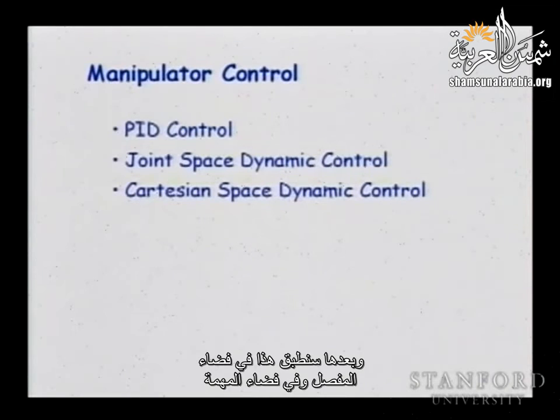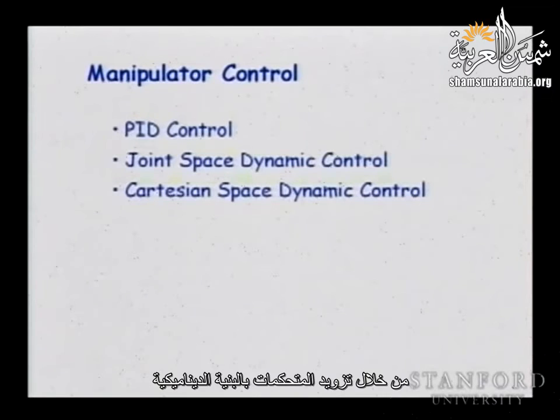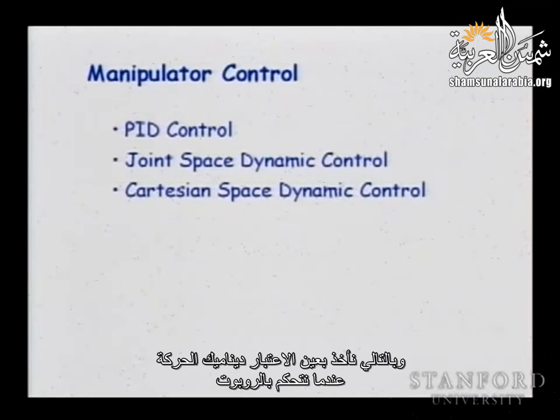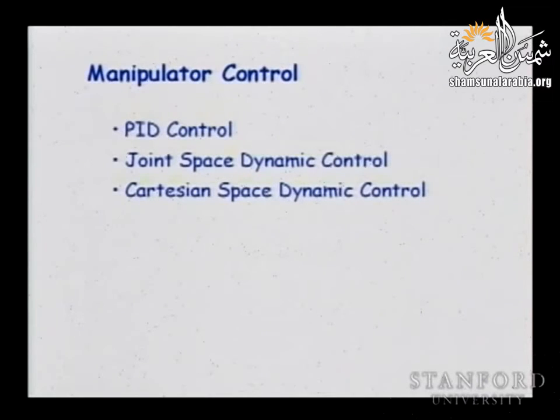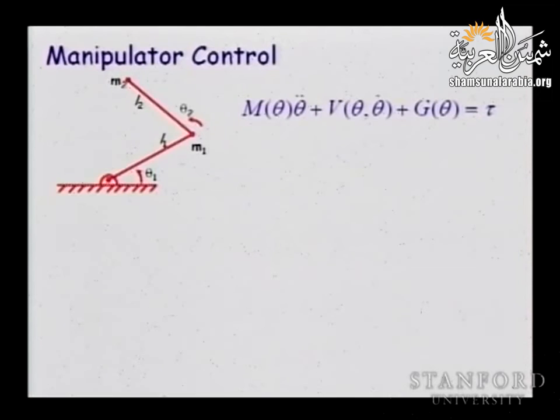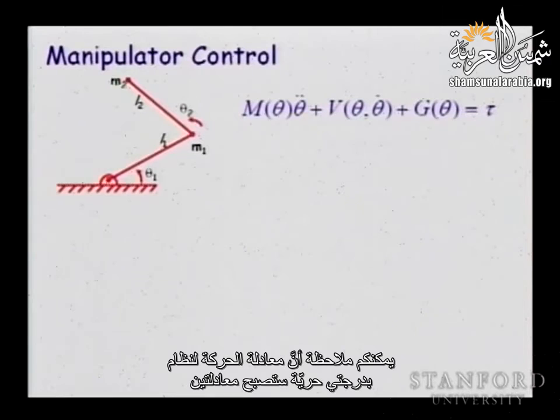Then we apply these in joint space and in task space by augmenting the controllers with the dynamic structure so that we account for the dynamics when we are controlling the robot. And that is going to lead to a very interesting analysis of the dynamics and how dynamics affect the behavior of the robot.